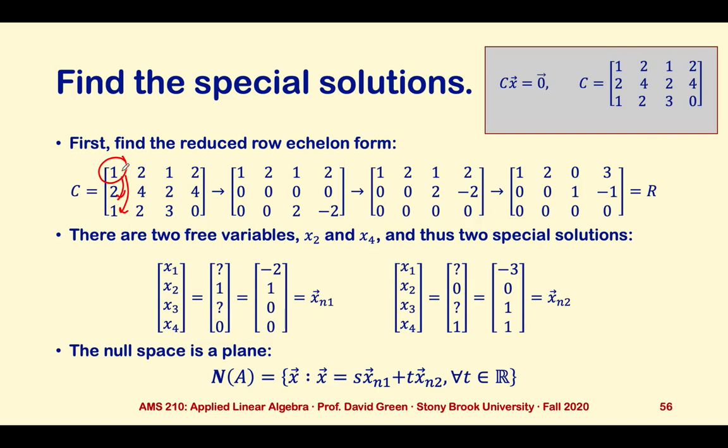The second row is a scalar multiple of the first, so it becomes a row of all zeros. 1 minus 1 is 0, 2 minus 2 is 0, 3 minus 1 is 2, and 0 minus 2 is negative 2 for our third row. We have a row swap needed here, so we exchange rows and then move over to our next pivot.